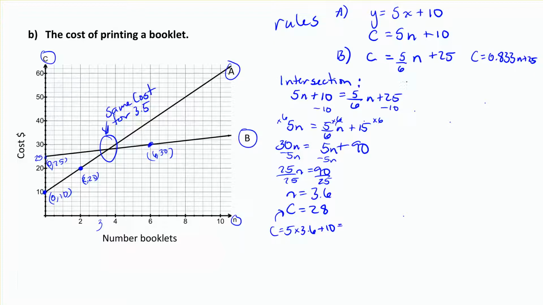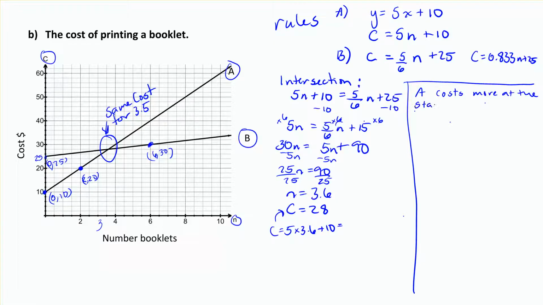So one thing that we might want to talk about, if I was going to compare and contrast these graphs, is that company A costs less at the start with a fixed fee of $10.